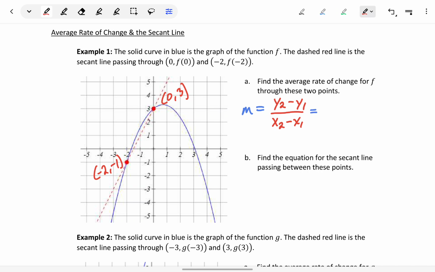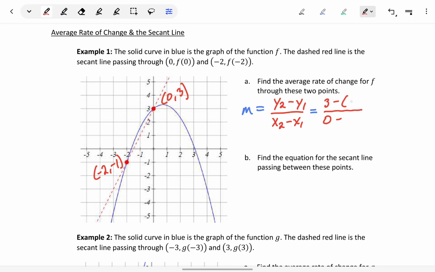So in the numerator, if we use (0, 3) as x2 and y2, we would start off with 3 minus our other y value, which would be -2. Since we started off with 3 in the numerator, we have to start off in the denominator with its corresponding x value. So the denominator will be 0 minus, let me go back, I made a mistake there.